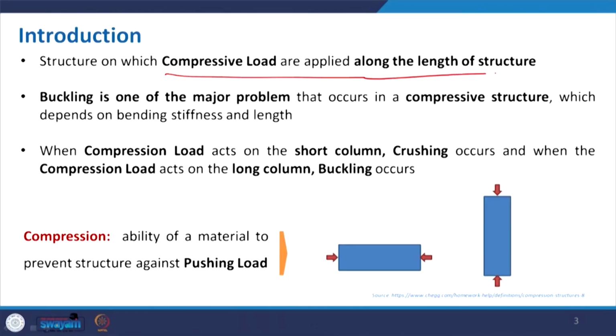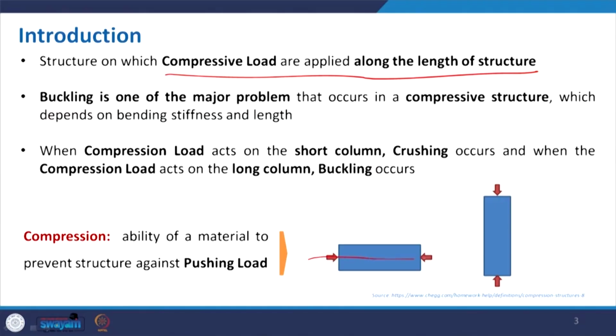Now, to start with, consider a structure on which compressive load is applied along the length of the structure. We also discussed the principal axis, the major axis, and whatever load is applied along it, the material reacts depending on its density, strength and hardness.